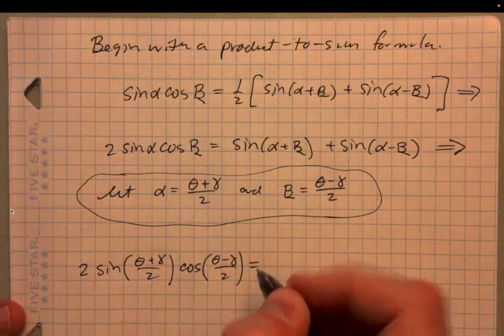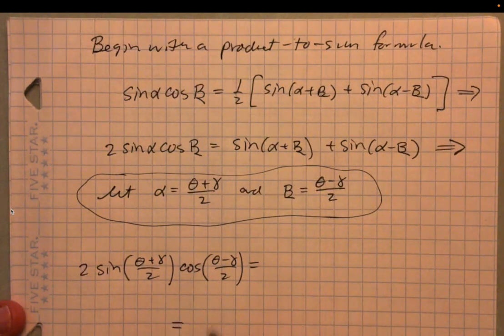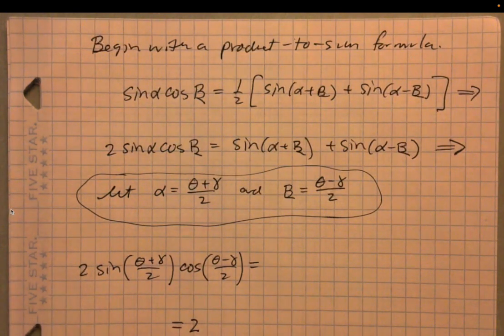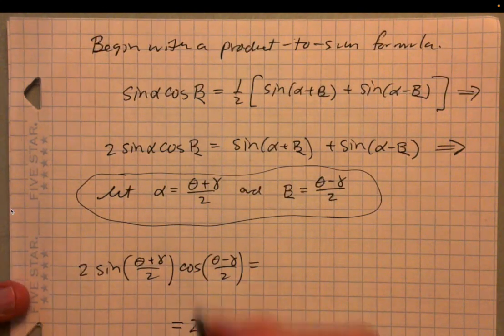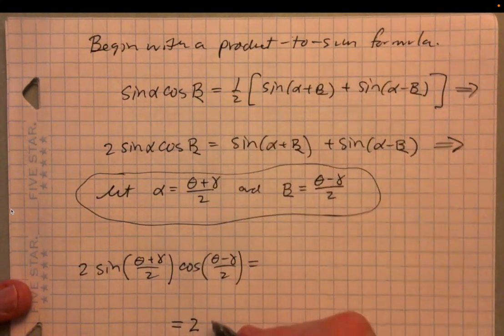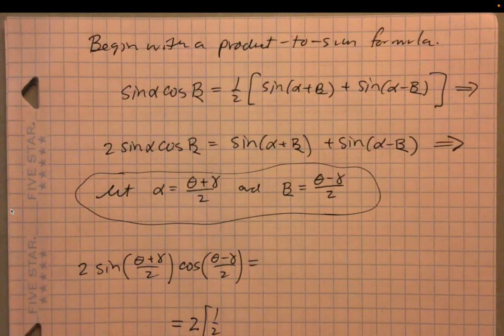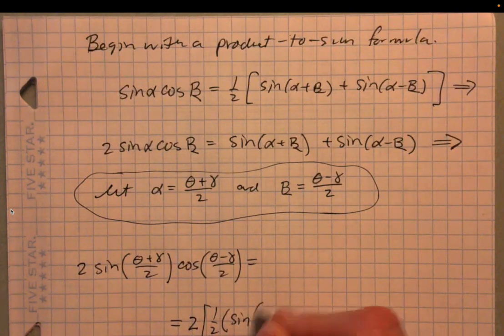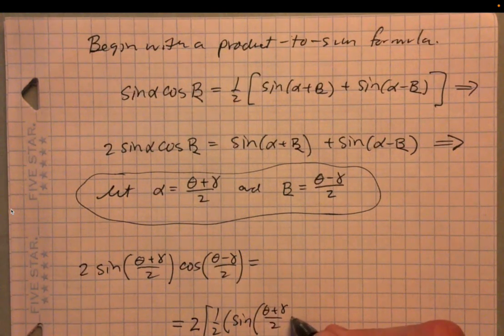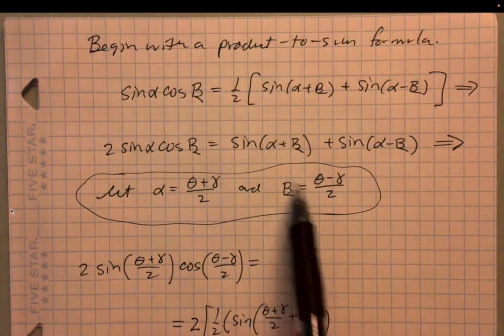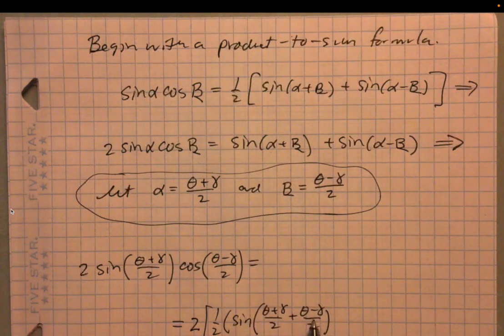And that's going to equal, I'm going to put it on another line here, 2 times, I'm going to leave the 1/2 in there actually, sine of theta plus gamma over 2 plus theta minus gamma over 2, because it's alpha plus beta.